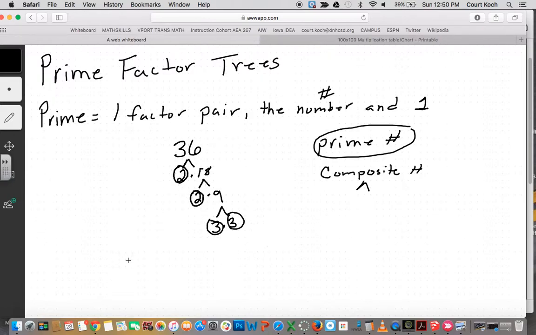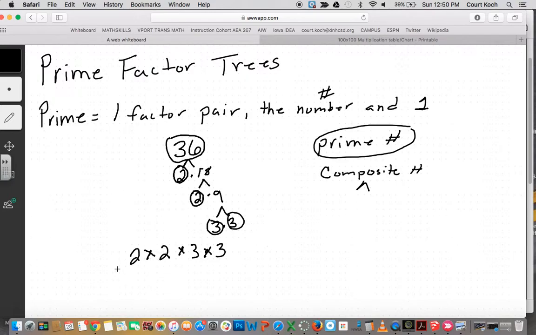Later we'll get used to writing it like this: 2 times 2 times 3 times 3. And those dots mean times. We're breaking a bigger number into lots of little numbers that multiply up.